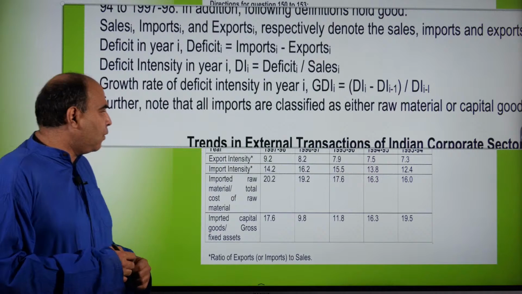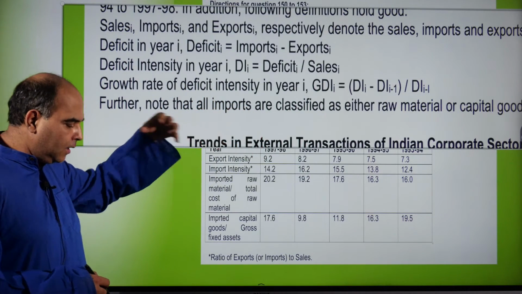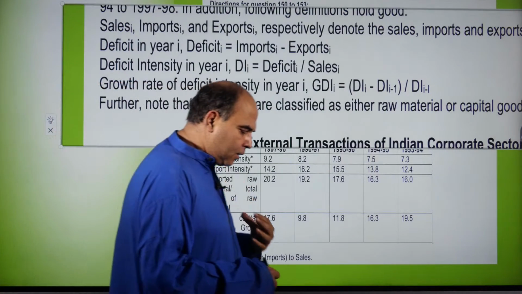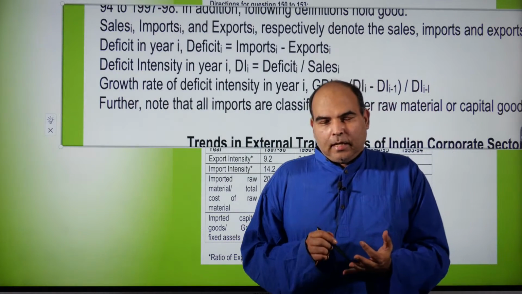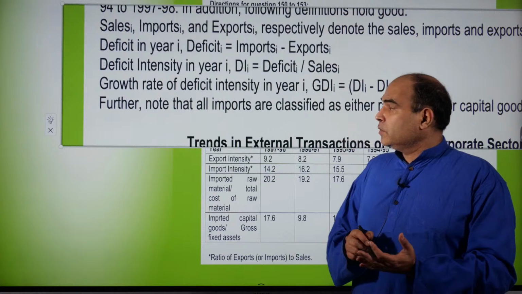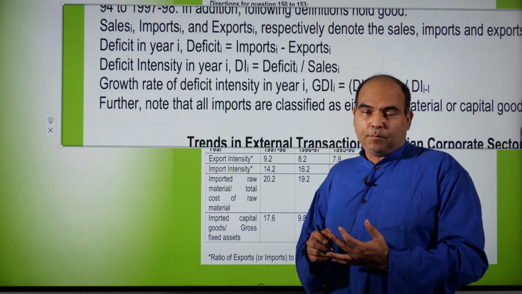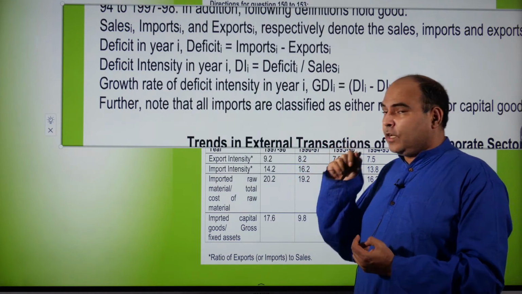Inside the exam, at least take note that we are now talking about 5 variables: sales, exports, imports, deficit, which is imports minus exports, and deficit intensity, which is deficit for the year divided by sales for the year.